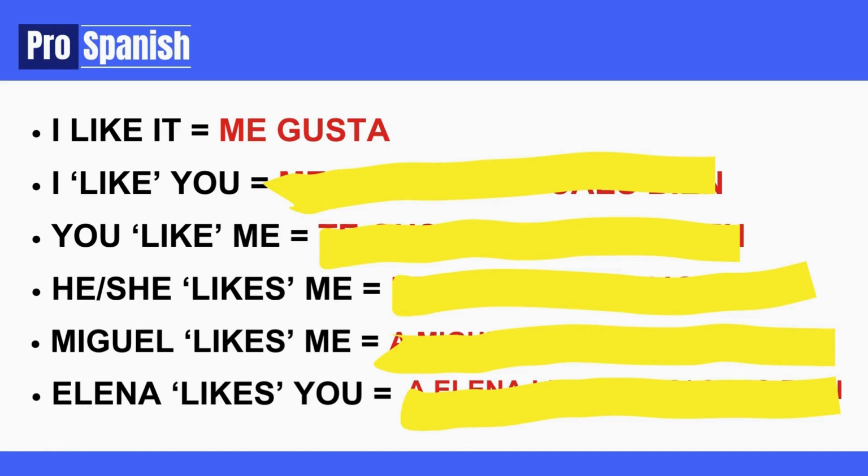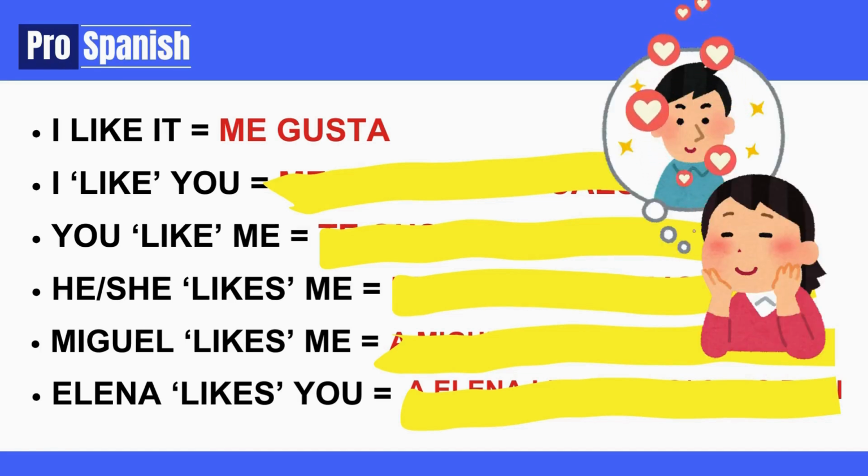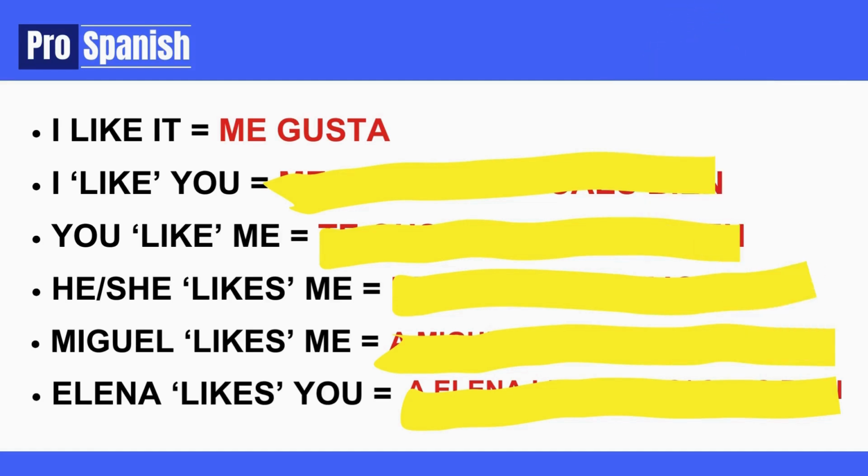And to further complicate matters, in Spanish, gustar, when used with a person, so me gusta Miguel, for example, I like Miguel, would be understood as I'm into Miguel. I have a crush on Miguel. I fancy Miguel. And I'll show you in a second how to say the non-romantic liking someone, liking somebody as a friend.